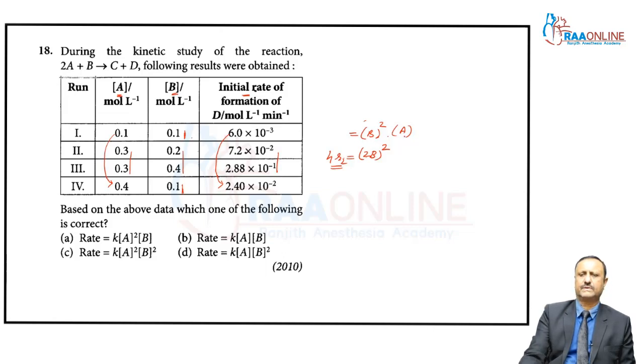So this is a first order reaction. So my dear students, the rate law for this question is A to the power 1 and B to the power 2, and you can go to option D. Here in this option, rate is equal to A to the power 1 and B to the power 2.